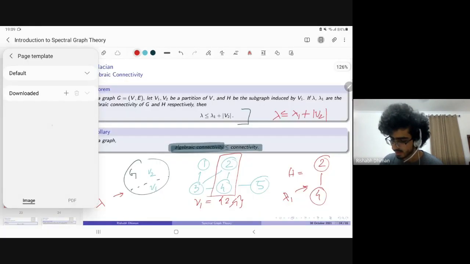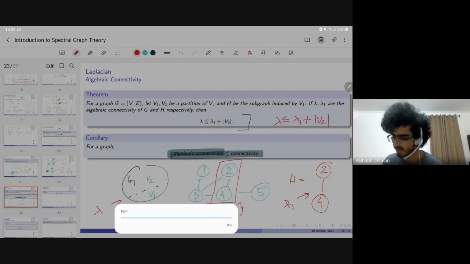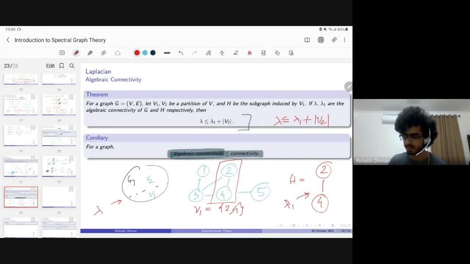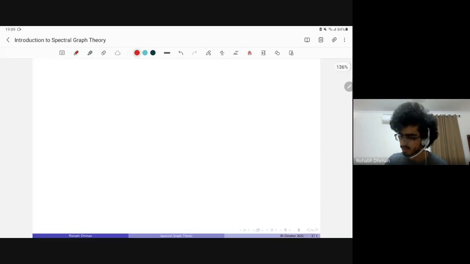I'll first see how this implies the second result. So say you have the graph G. I have the vertices V1 and V2, and because of how you defined it, H is all the vertices you get after removing V2.